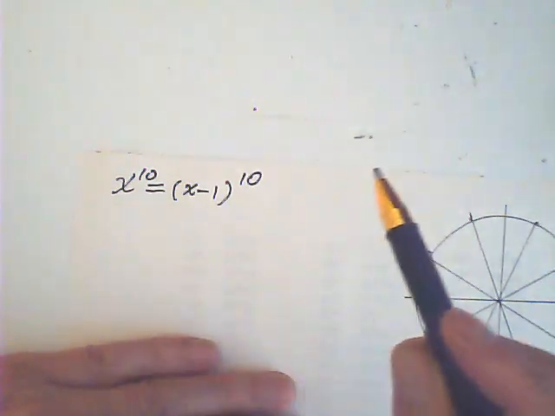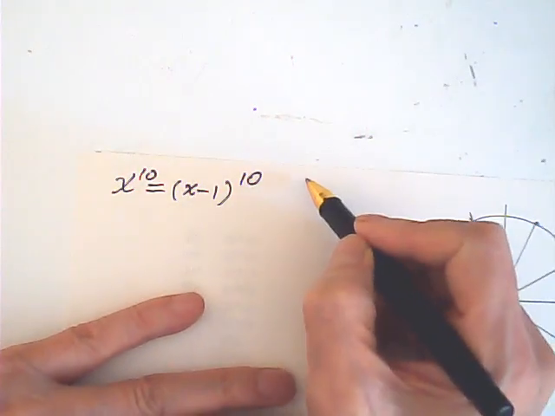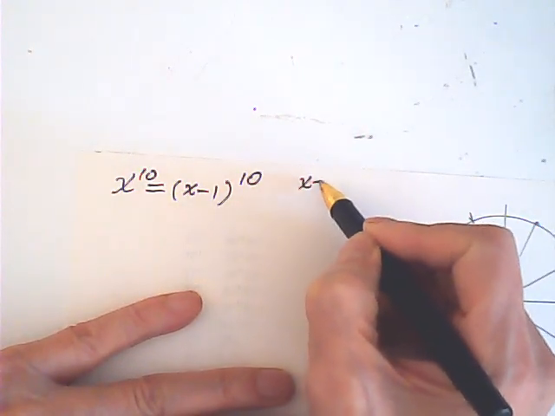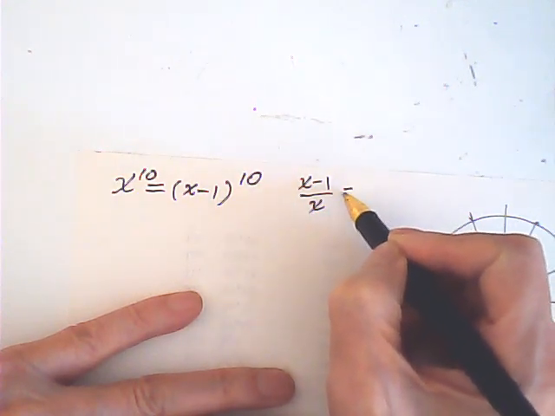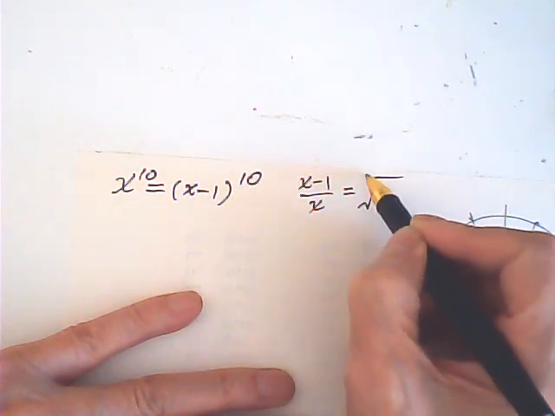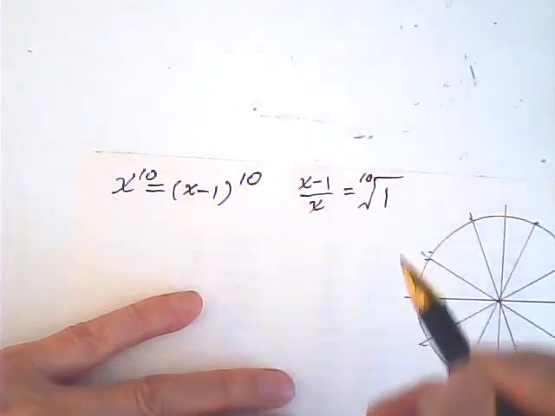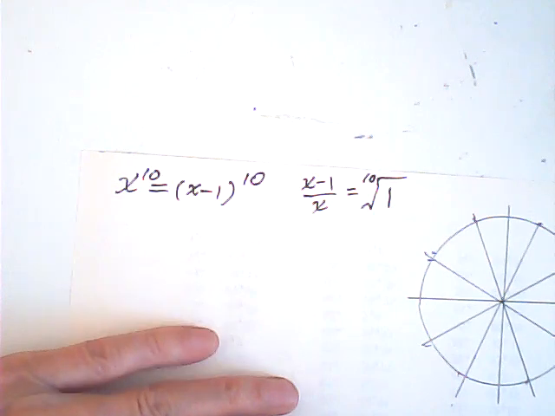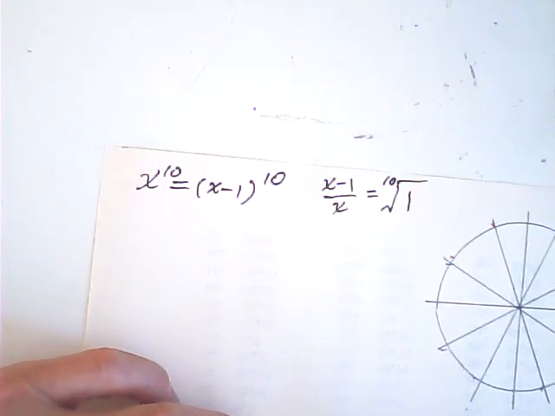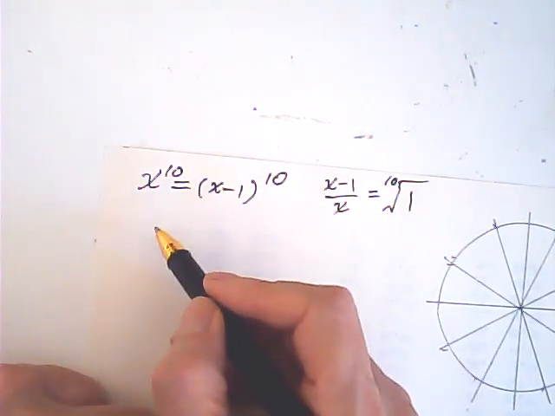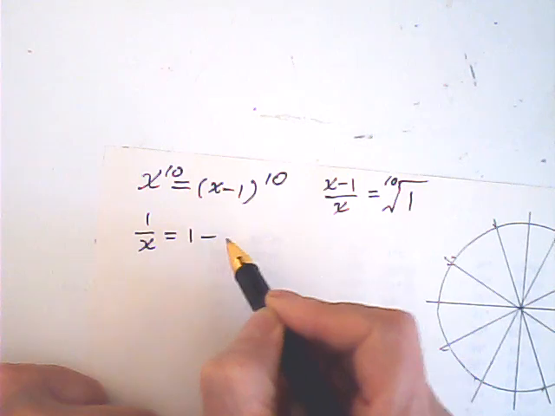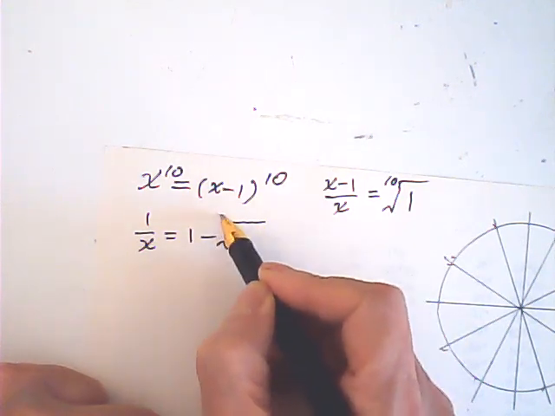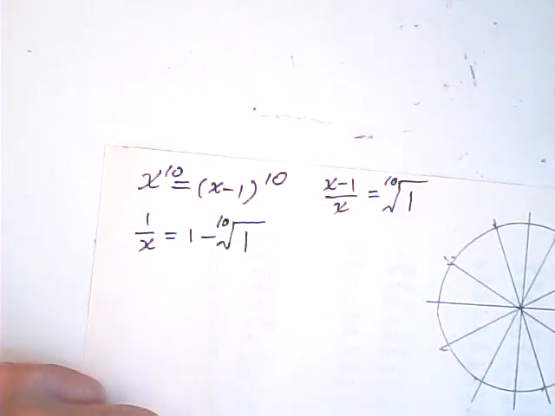Now, from this equation we can see x minus 1 over x is equal to the 10th root of 1. So I can find 1 over x is equal to x minus the 10th root of 1.